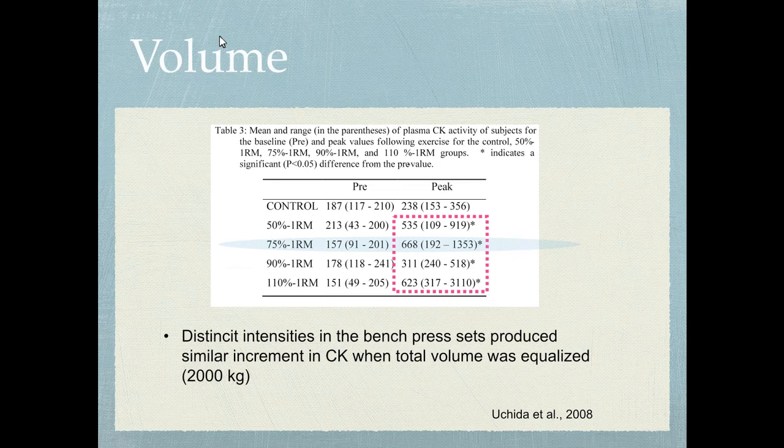And then if you go to 110% intensity, the volume, yes, is low, but the damage is high because intensity is so high. At 90% of the 1RM, the intensity is high, but the volume's low, and so you don't get the increase in CK. So either you're going super high, maximal, or you're having a combination of volume and intensity with the moderate, which leads to the greatest increases in muscle damage.